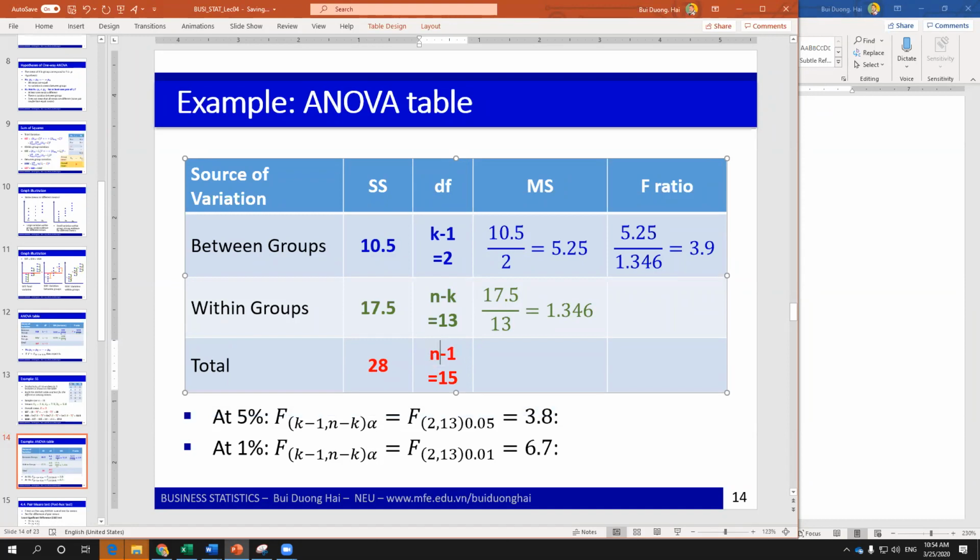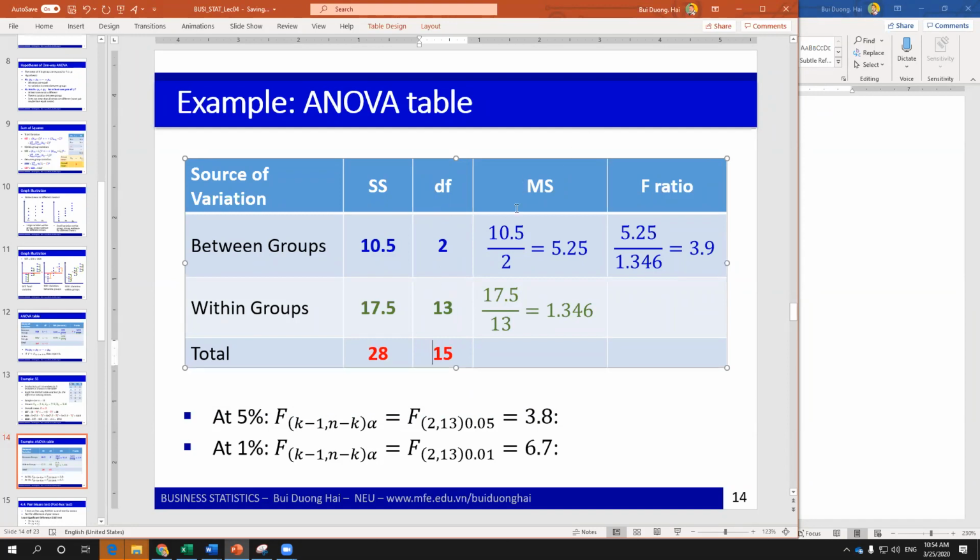Therefore the calculation: MS, this divided by 2, 5.25. This divided by 13, 1.346. F ratio equals this.